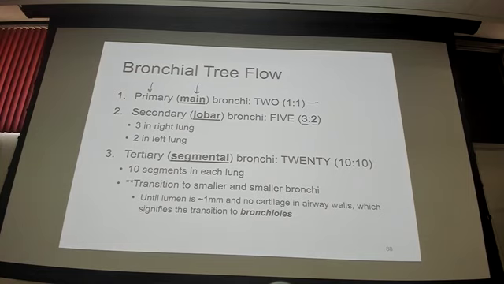I'm not going to ask you guys to name segments, because if you've looked at these slides, the nomenclature for them is very odd, and there's no reason to memorize all those things. The segments are really where it gets into surgical and radiographic anatomy.